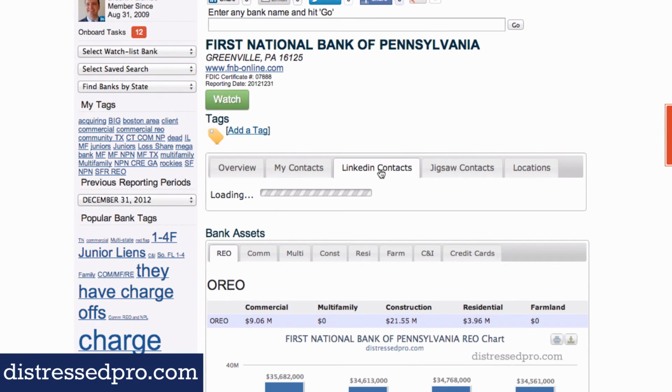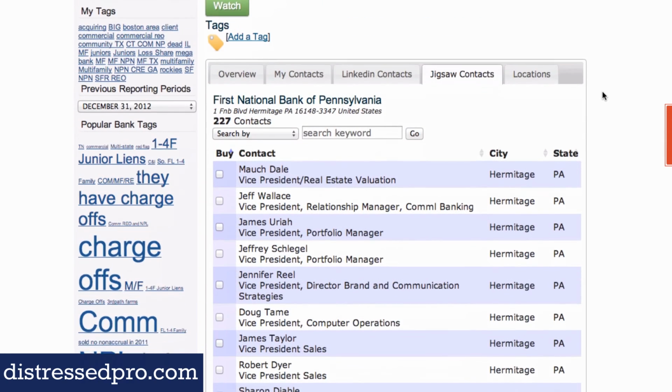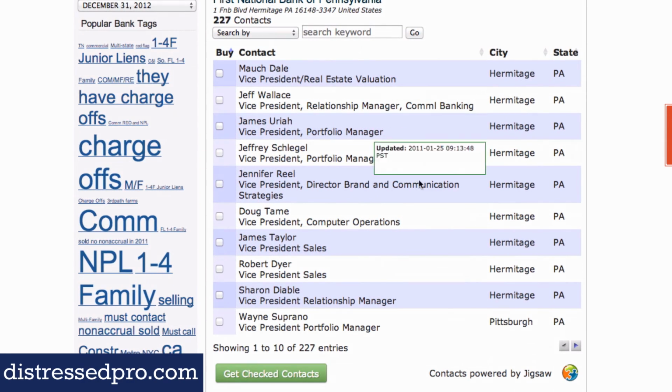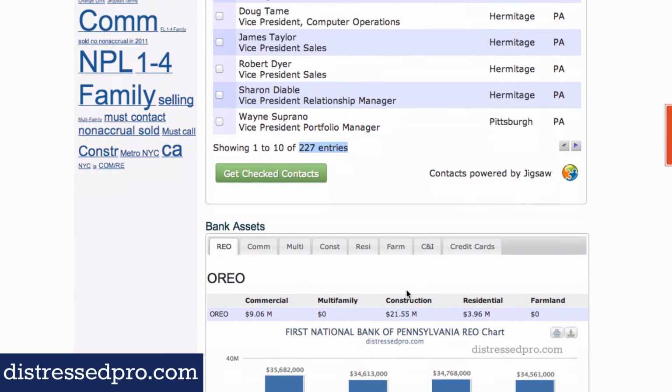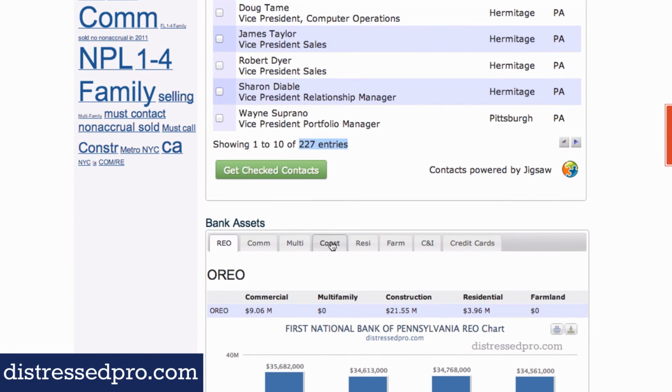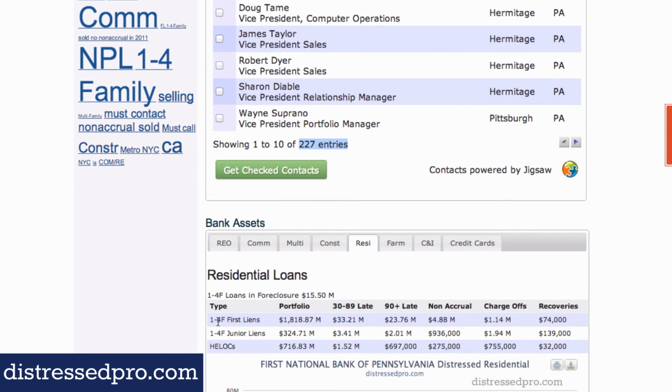Then I'm going to get in here and find a contact, somebody that I can reach out to. Here's some portfolio managers, and there's 227 different people that I could look for in here. But at any rate, I know that this is probably a good contact for me. So here's our 1 to 4 family junior liens, and I see that they have not quite $1 million in non-accrual, and they've been taking healthy charge-offs over here.